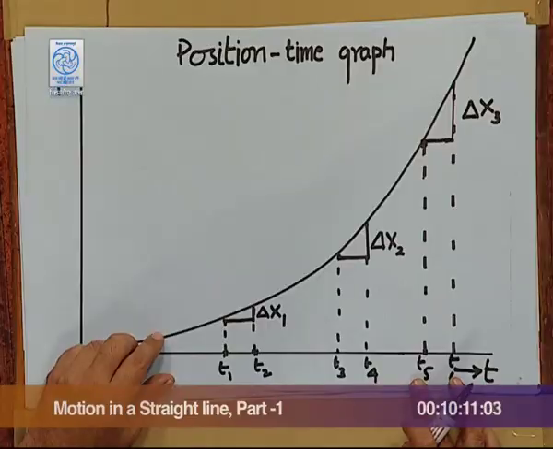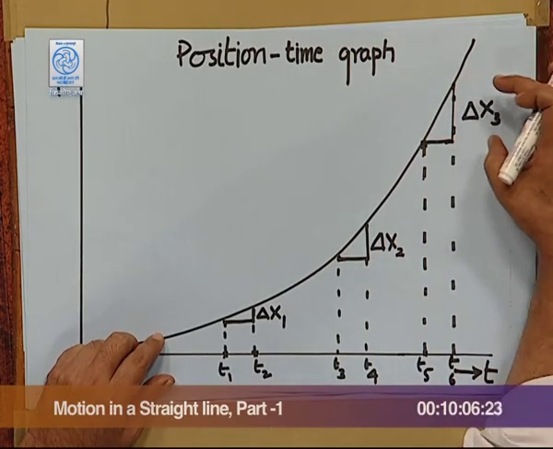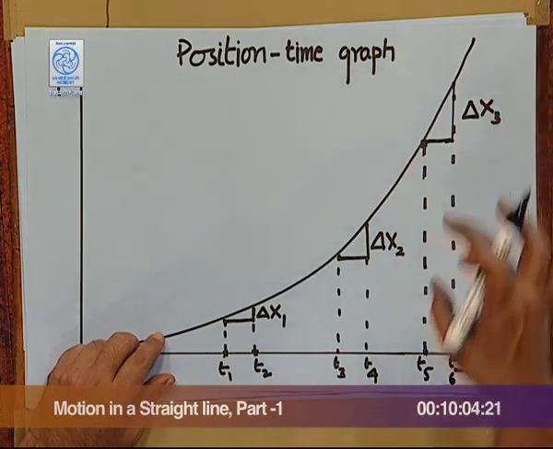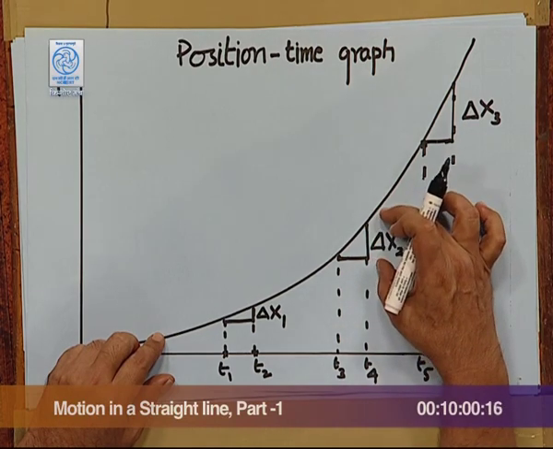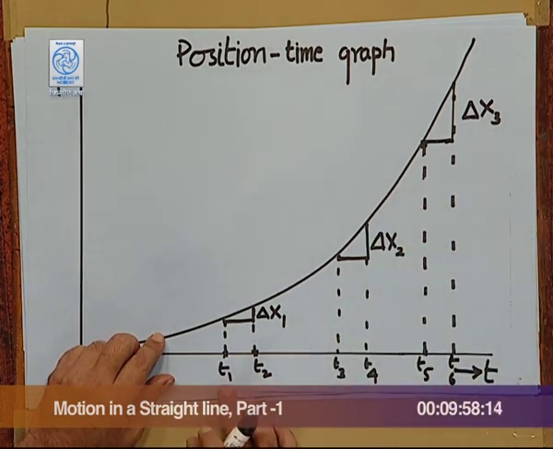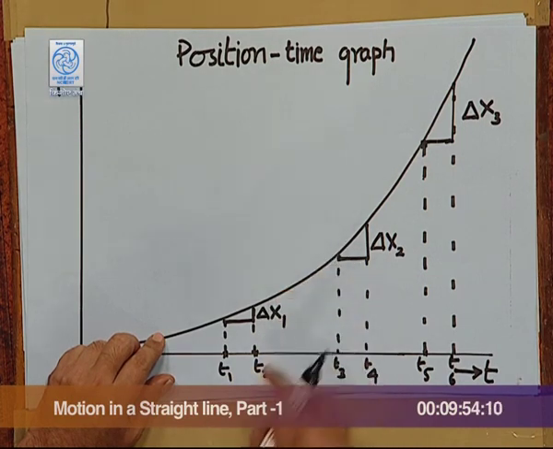Say for example, t5 t6, the displacement is indicated by delta x3. In the interval t3 to t4, it is indicated by delta x2 in the graph. The displacement delta x1 is indicated between the interval t1 and t2.